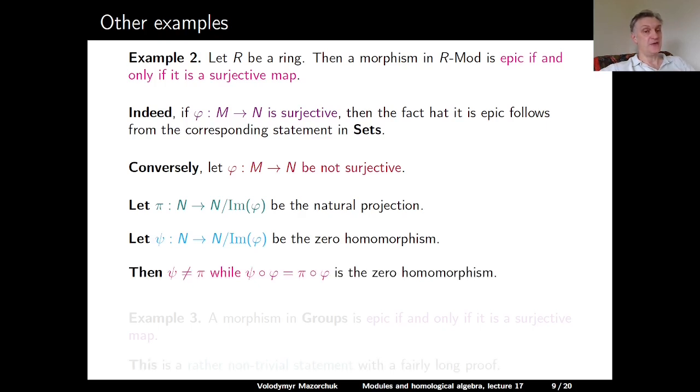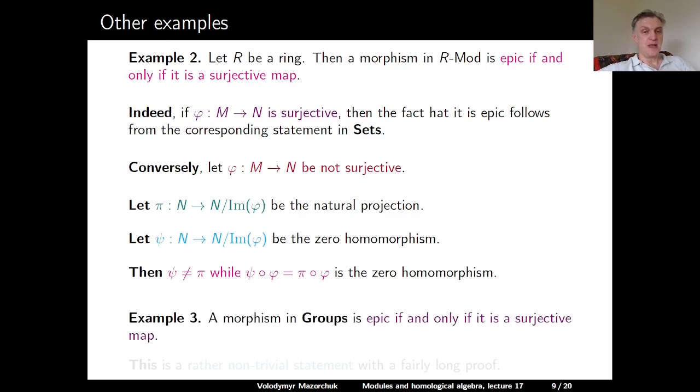Then pi is different from psi, since the image of phi does not coincide with N, while the composition of psi after phi is equal to the composition of pi after phi, and they both are equal to the zero homomorphism by construction. So this shows that our phi, which is not surjective, is not epic.